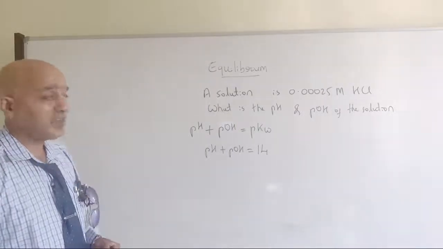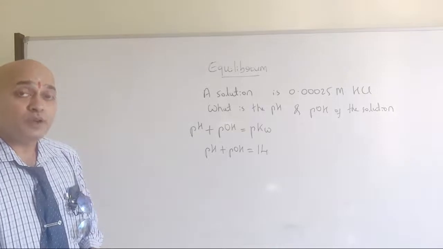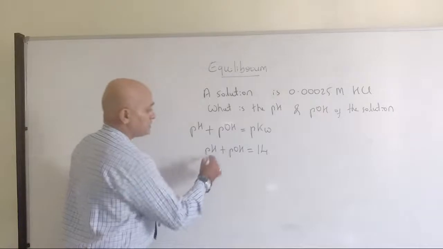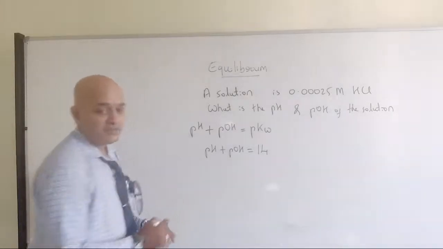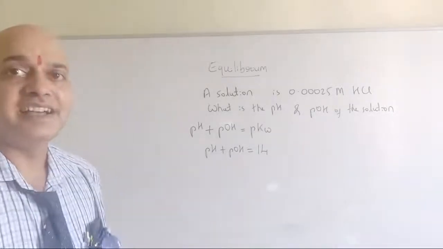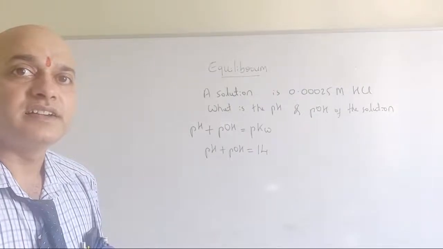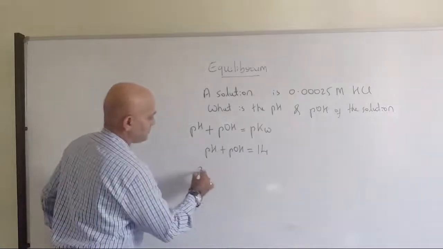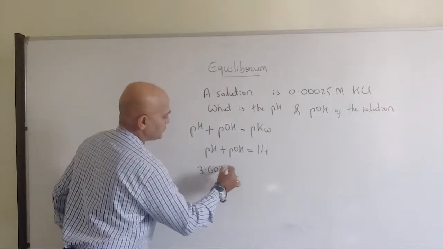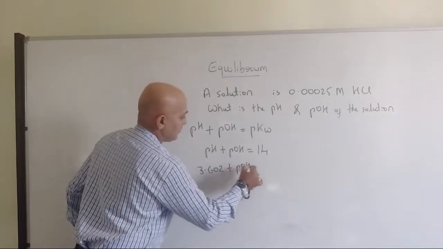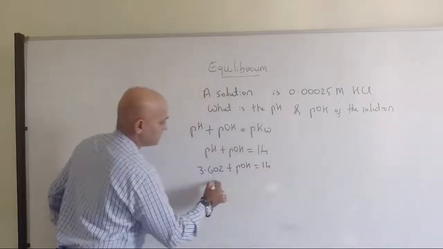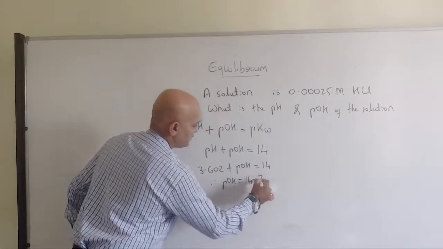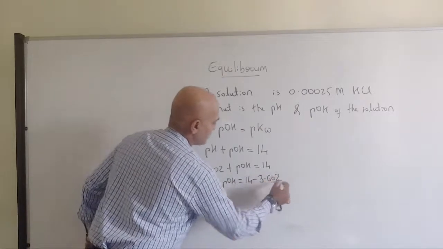Since we have taken pKw, it can be written as 14. Now substitute the value. We have the pH value as 3.602. So 3.602 plus pOH is equal to 14. Therefore pOH is equal to 14 minus 3.602.